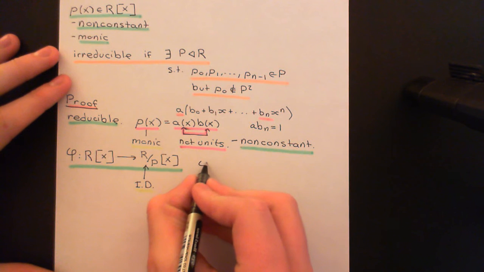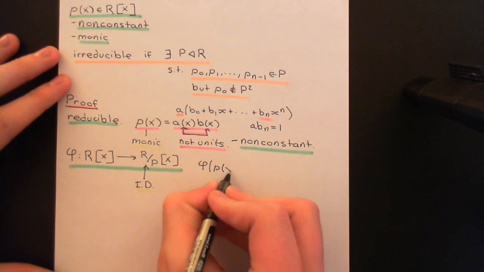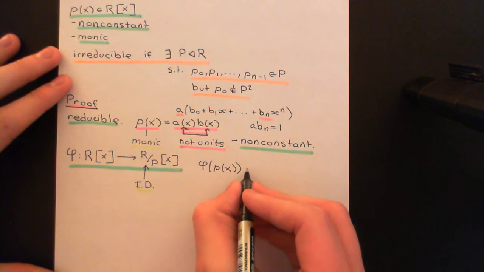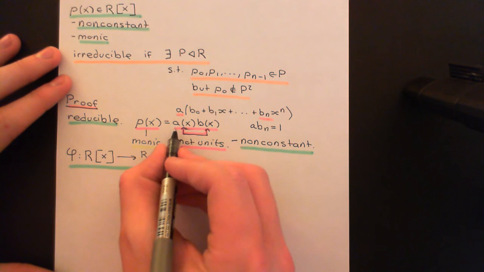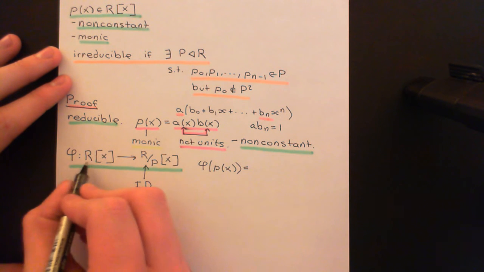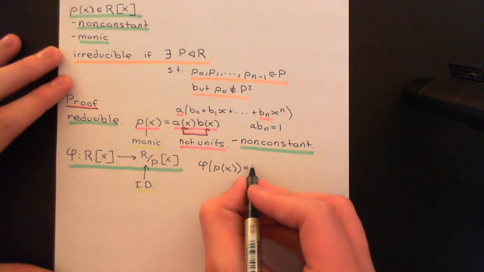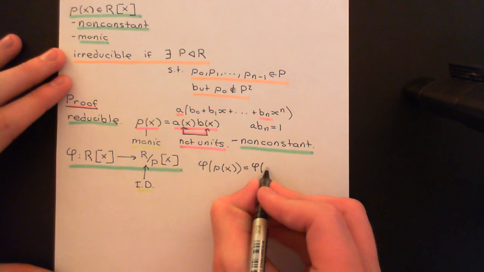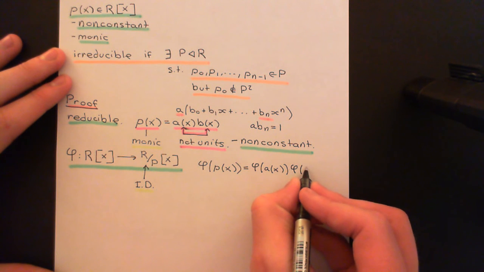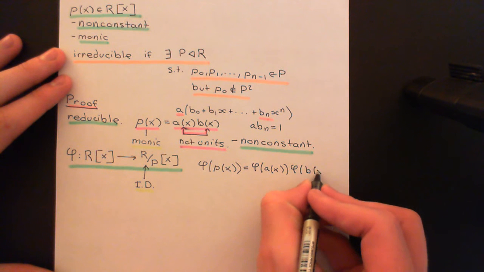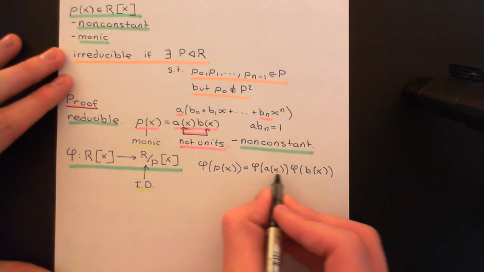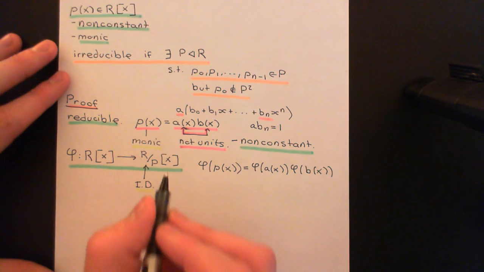Okay, so we're going to take phi of p of x, we're going to map p of x onto what it is modulo the ideal P, and of course, because I now know that p of x can be written as a of x times b of x, where these are both polynomials in the ring of polynomials over my integral domain, I can say that this will be phi of a of x, and here's where I use the fact that it's a ring homomorphism to split it into phi of a of x times phi of b of x, where this multiplication is now a multiplication of the polynomials in the codomain ring here.